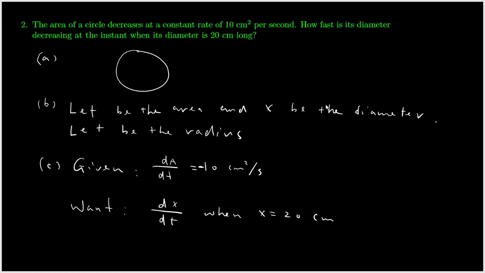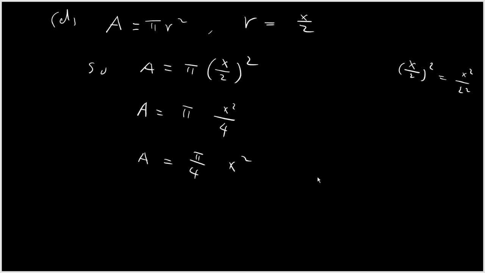I'm going to add a negative sign in here. We use a negative number to denote the quantity is decreasing at some rate. So that makes sense? When the area decreases, the radius and the diameter decrease as well, right? Can I move on? So we're done step D.